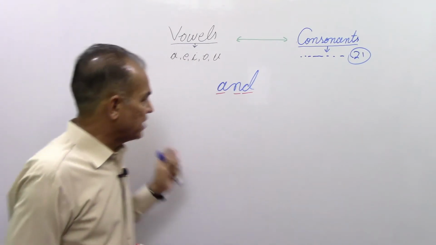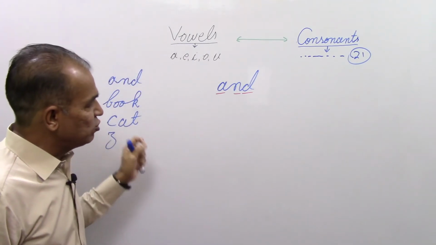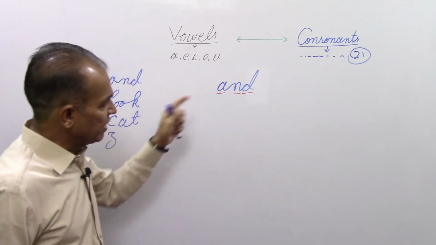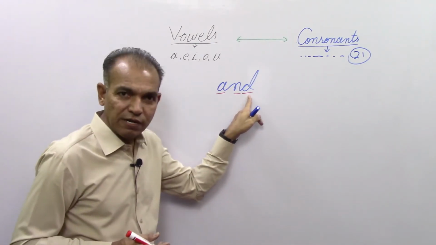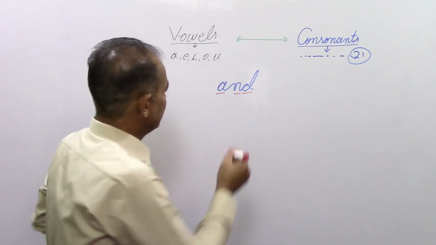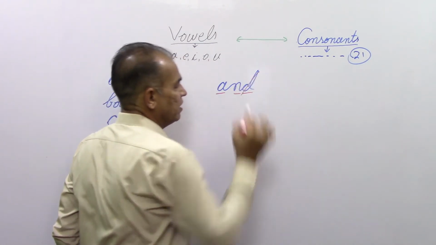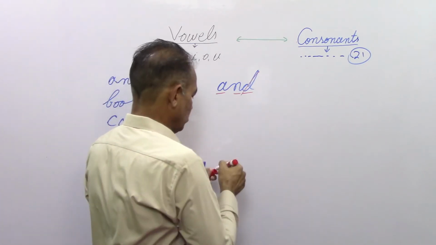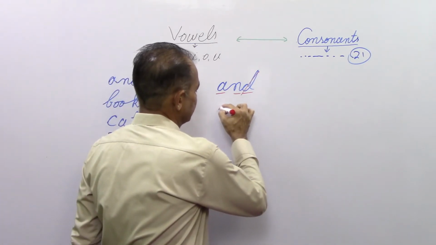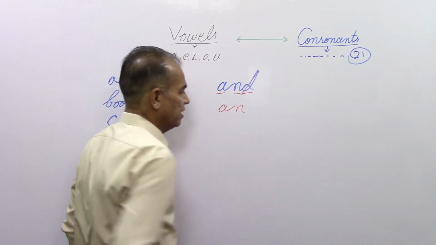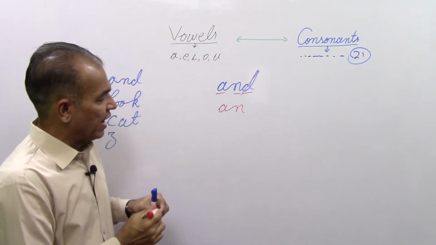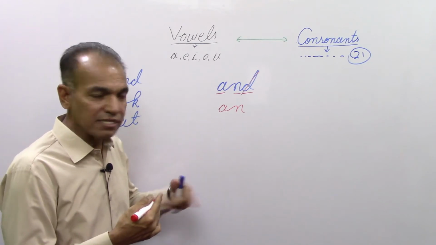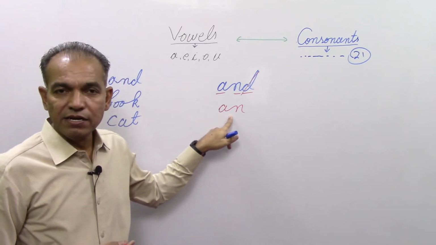Now let's try to understand what happens when we don't have a vowel in a word. First we will remove the first consonant, and then see what happens. We remove D. Now we have two letters, A, N. If I ask you to read this combination of letters, you will read it as an.